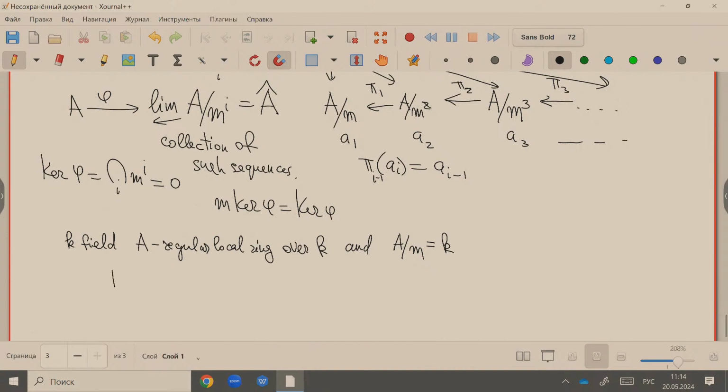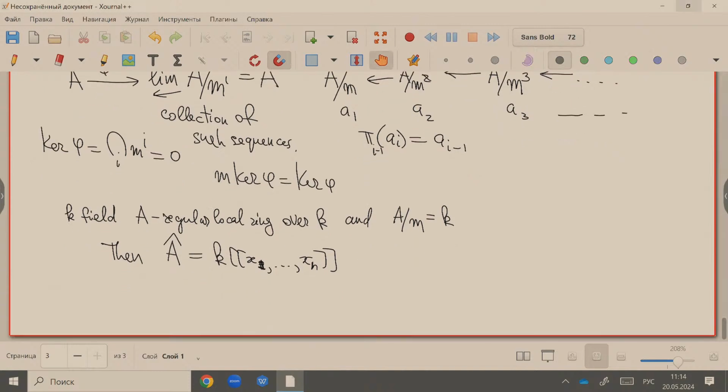Then A hat is equal to the ring of formal power series. This is a very famous theorem, and it says that local rings in a small neighborhood behave uniformly. They are more or less the same object.